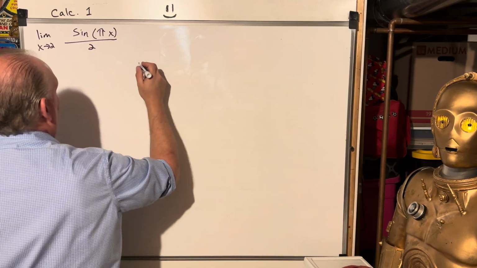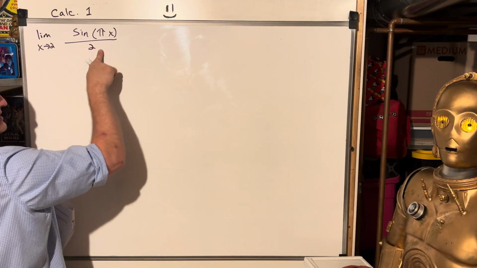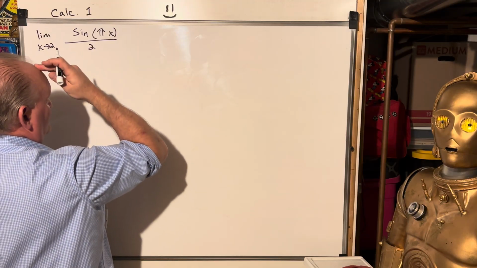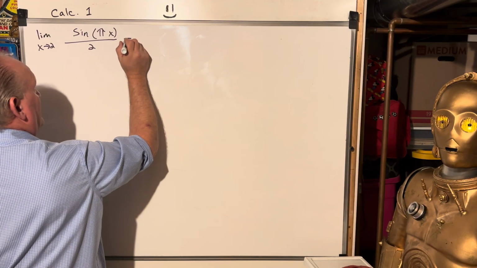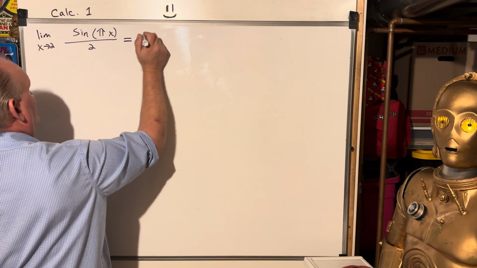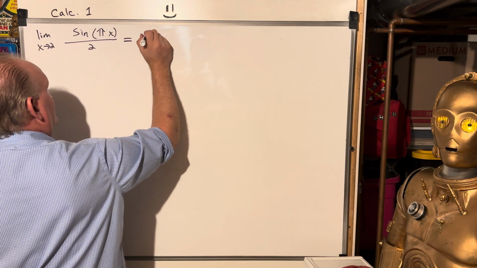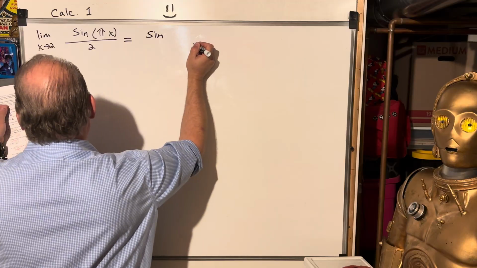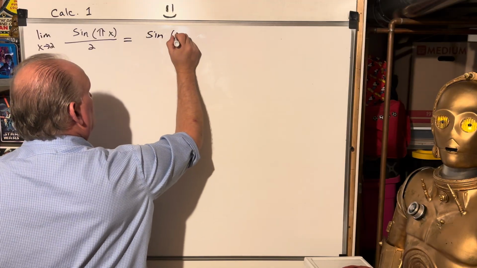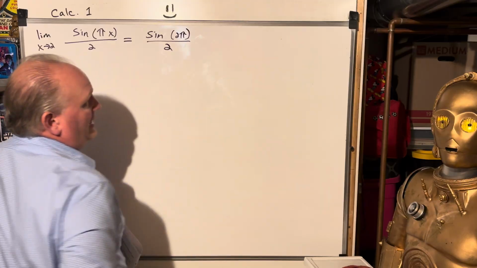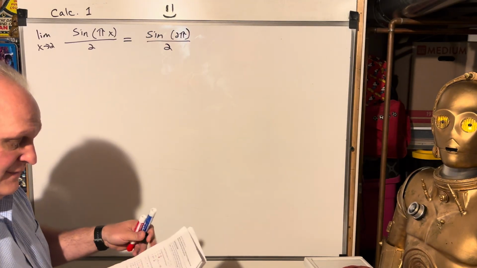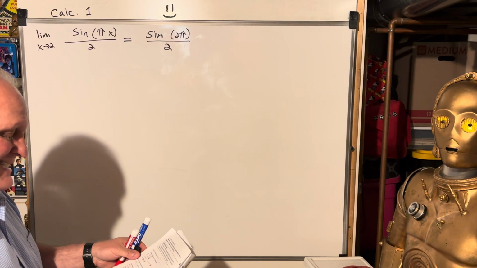So basically, again, we can sub it in. There's nothing in the denominator. It's in the numerator, so it's continuous. But what we're looking at then, if we sub it in, is the sine of 2 pi over 2. And so now you have to remember what the sine of 2 pi is.